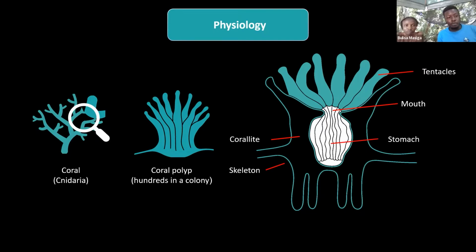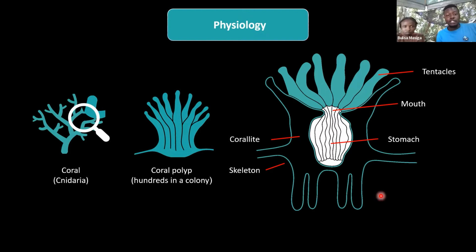You'll allow me to use a pointer here. This particular icon shows the coral colony, which is made up of various fragments, yeah? If we look closer into this icon, we see the polyp, and as indicated down here, there are hundreds of polyps that make up a colony.